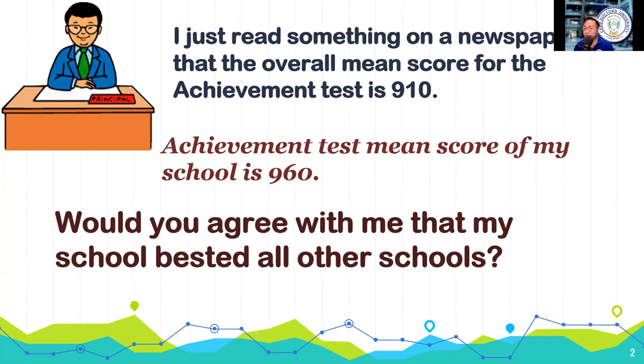Why no? First, it doesn't mean, sir, that your 960 average or mean score on your test would be the highest among all the schools. There could be another school who got maybe 970 or 990, but still part of the overall mean score of 910.